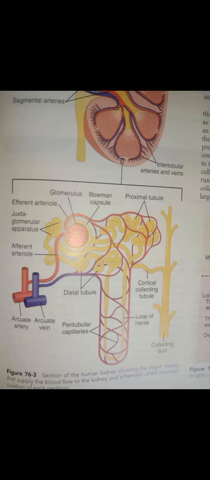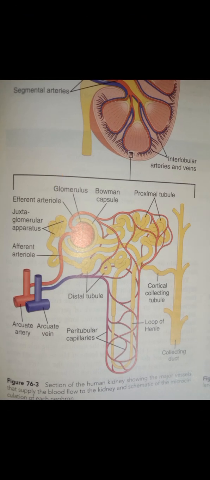Next, when we look at this picture, we can see there are regions called afferent arteriole, arcuate artery, arcuate vein, then juxtaglomerular apparatus, efferent arteriole, glomerulus, Bowman capsule, proximal tubule, cortical collecting tubule, loop of Henle, distal tubule, peritubular capillaries, and a collecting duct.